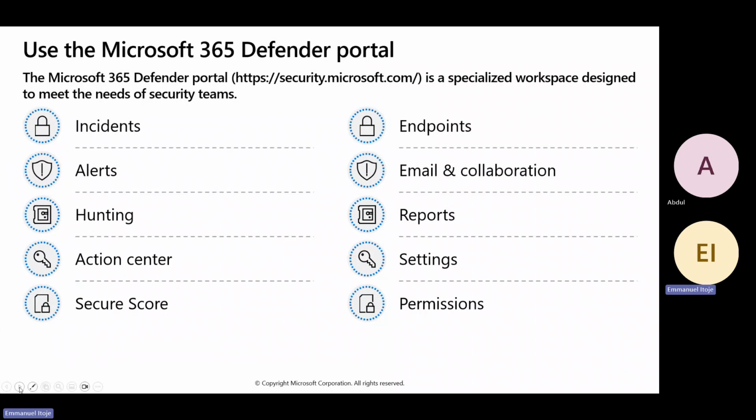So it's both pre and post, before an attack happens and also after an attack happens. It natively coordinates detection, prevention, investigation, and response across endpoints, identities, emails, and applications to provide integrated protection against sophisticated attacks.